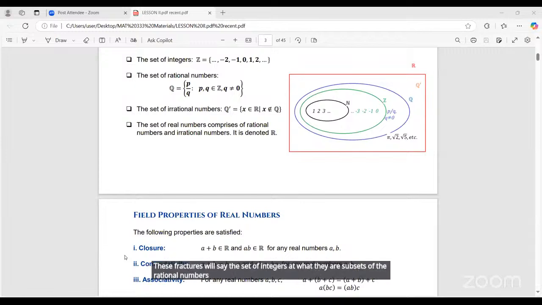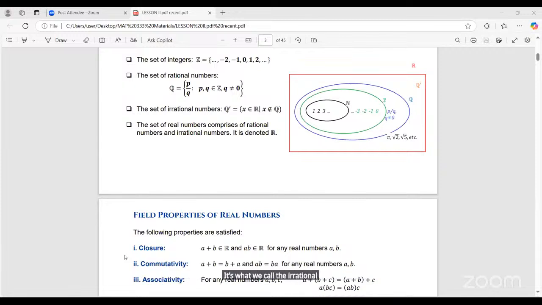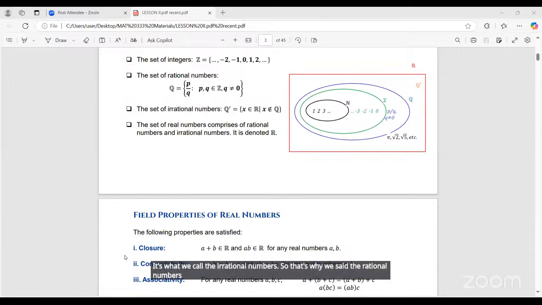The set of natural numbers are also subsets of the integers, which are subsets of what? The rational numbers. Every other number outside that blue circle is what we call the irrational numbers. So that's why we said the rational numbers plus the irrational numbers give us what we call our real numbers. Let's continue.